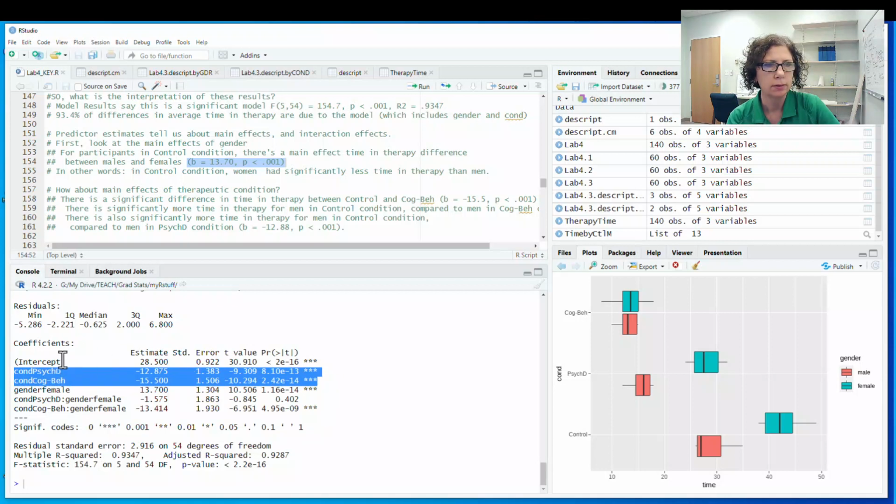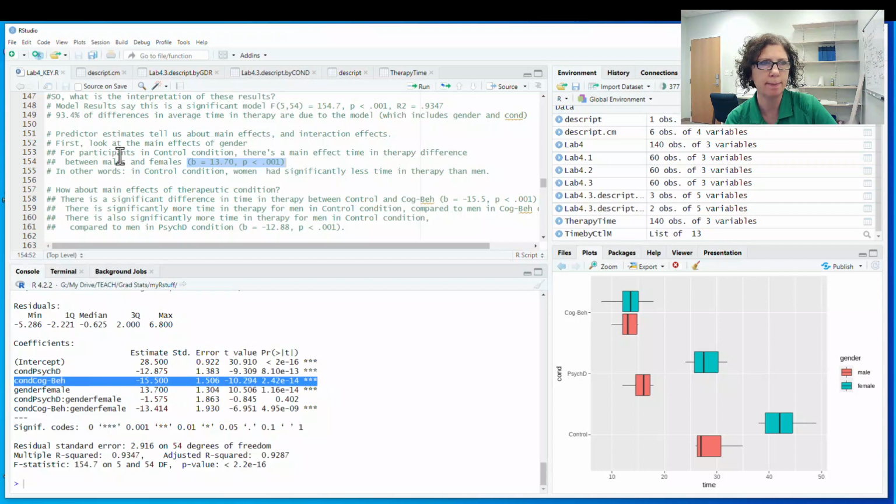So still talking about our referent, male. Males in control compared to males in psychodynamic therapy had a difference of 12.875, and it was significant. Males who were in the cognitive behavioral condition compared to control had a 15.5 difference, fewer weeks than control, and that was a significant difference.